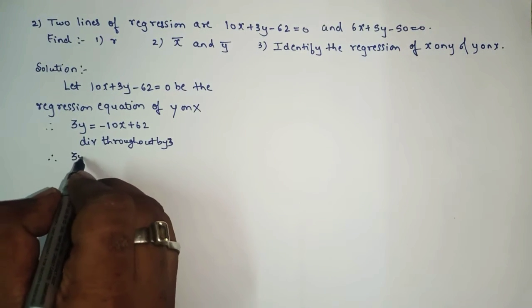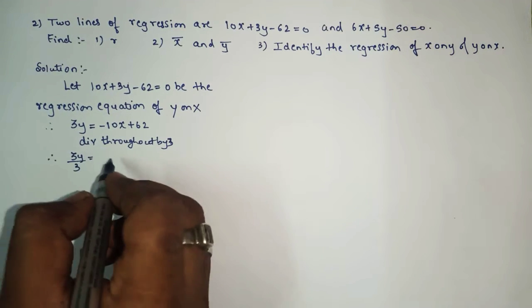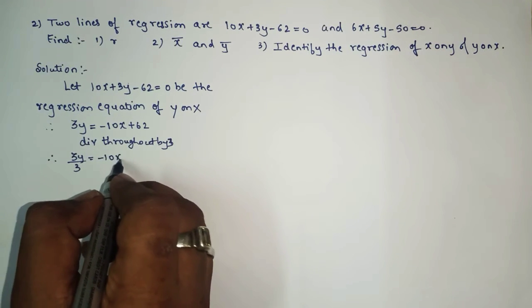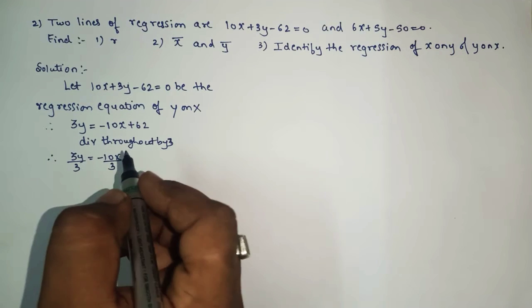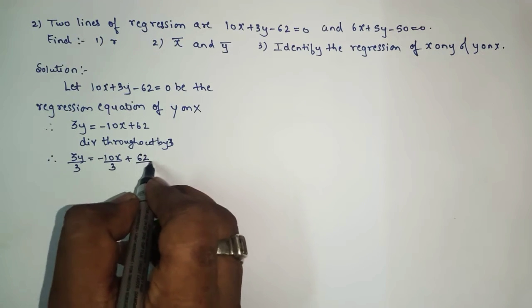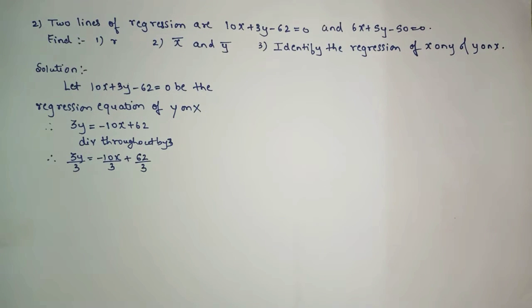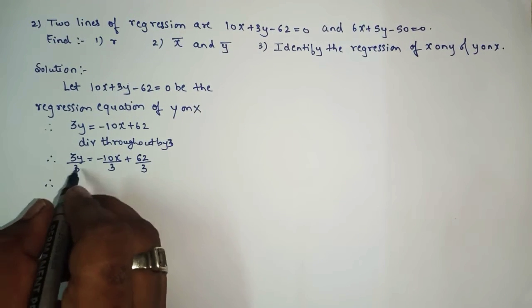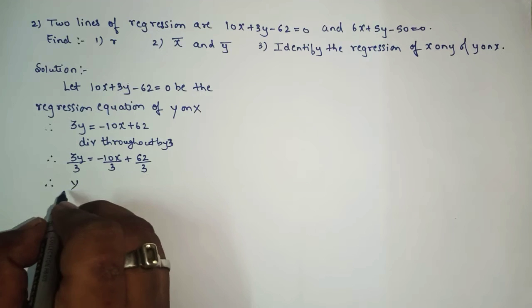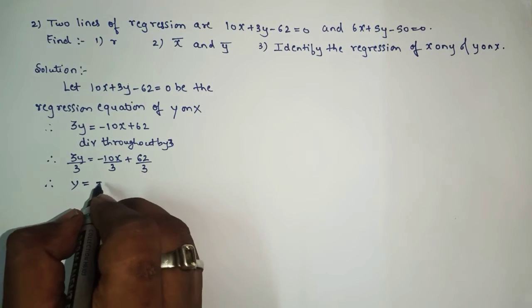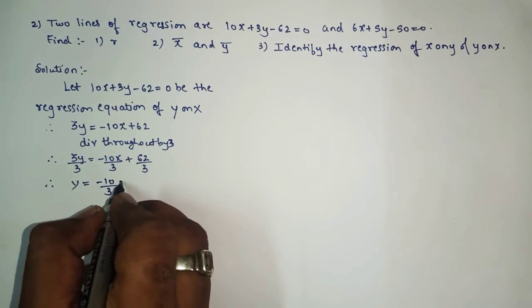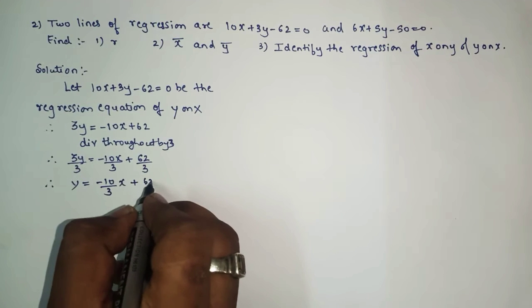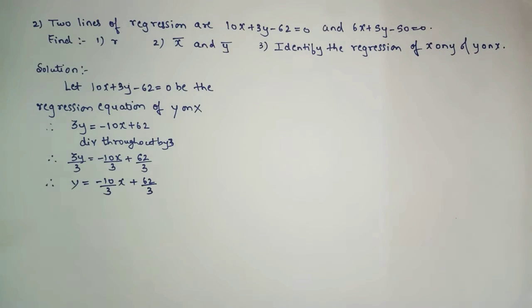So 3y upon 3 equals minus 10x upon 3 plus 62 upon 3. The next step: 3 will get cancelled. So here we'll get y equals to minus 10 upon 3 x plus 62 upon 3.